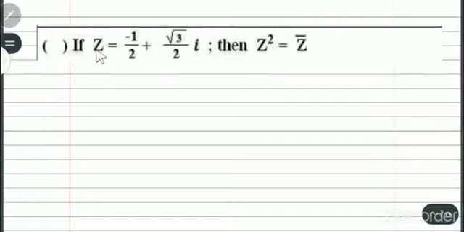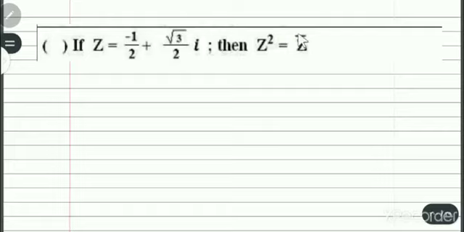This question says if z, which is a complex number, equals -1/2 + (square root of 3)/2 multiplied by i. So this is the real part, or the real term, and this is the imaginary part or the imaginary term. Then z squared equals the conjugate of z.